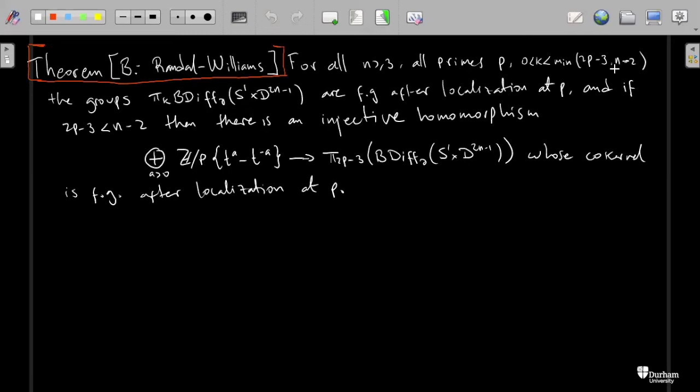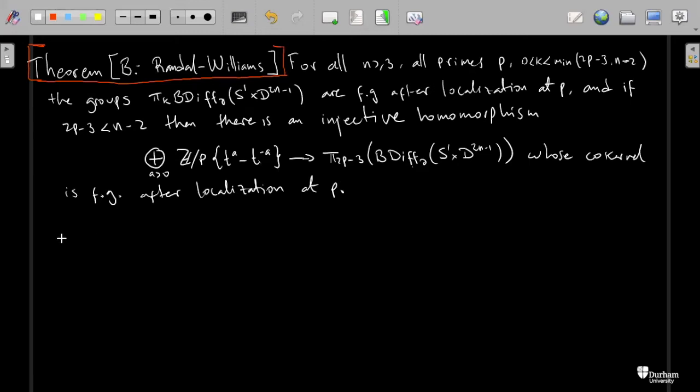And the first time you will see some infinitely generated p torsion is going to be in this degree, and I'm expressing that by having this map from this infinitely generated group to this group in this degree. These are exactly the same degrees that appear in the previous discussion about using this K-theory business. So this will be an injective map here.